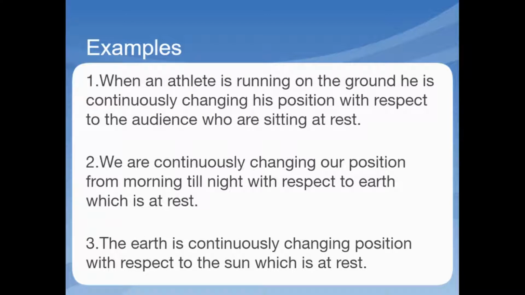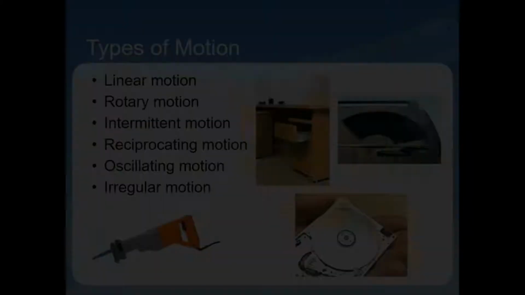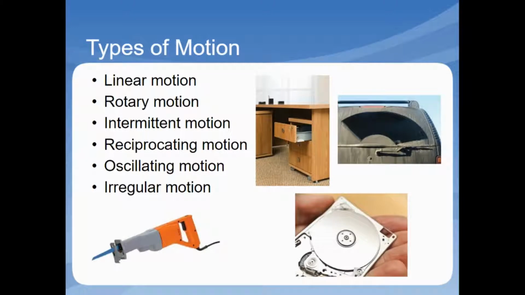We are continuously changing our position from morning till night with respect to the earth, which is considered at rest. And the earth is continuously changing its position with respect to the sun, which is also considered at rest. There are 6 different types of motion: linear motion, rotary motion, intermittent motion, reciprocating motion, oscillating motion, and irregular motion.